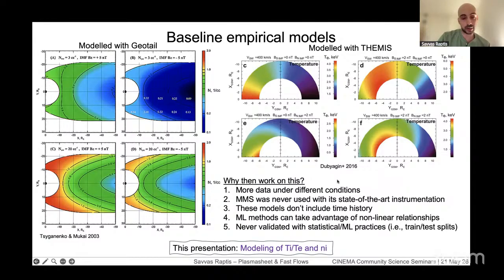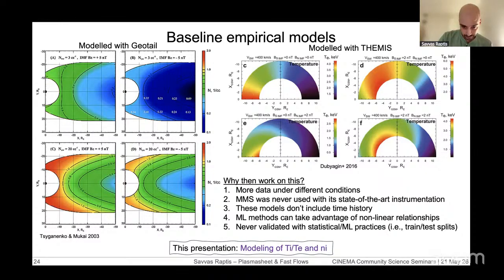And we know that the magnetotail, and the magnetosphere in general, is a system that has a memory, and it is driven on different scales. So if you do not include the history of the solar wind in the past, it is very likely that during certain periods like storms, you may end up with a not so accurate representation of the tail.